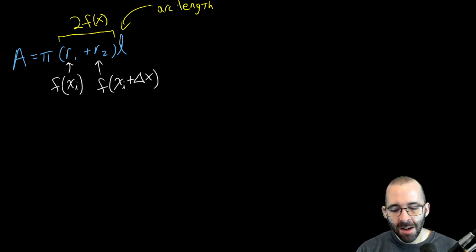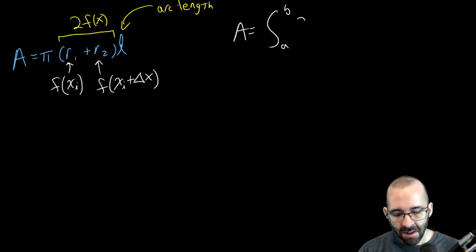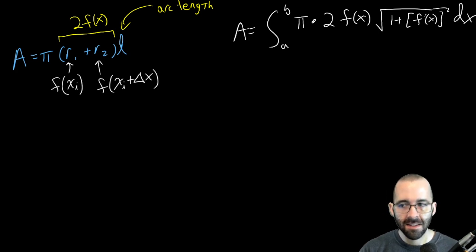So if we add all these up, what we get is that the surface area becomes the integral from a to b of pi times 2 times f of x times the arc length component, square root of 1 plus f prime of x squared, dx.